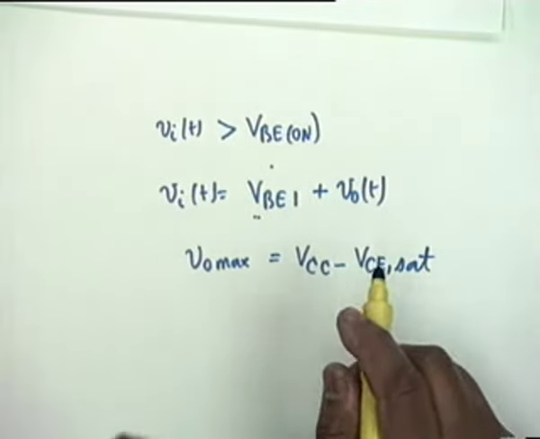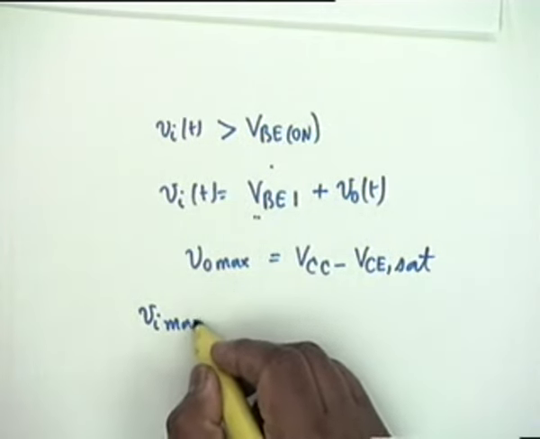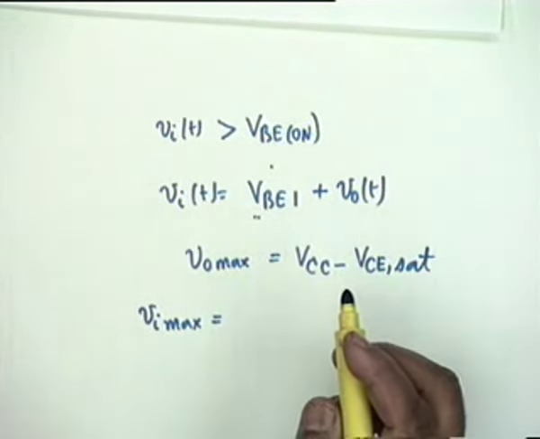Under this condition, when the maximum is reached, what is the input maximum? V_CC minus V_CE sat plus V_BE1. Agreed? Under this input, the output can reach this value.